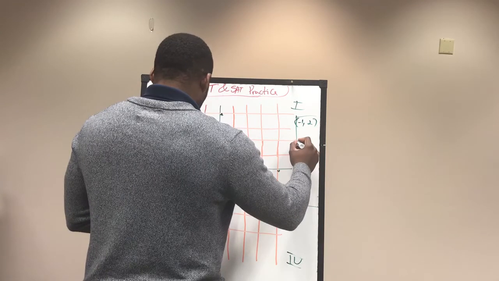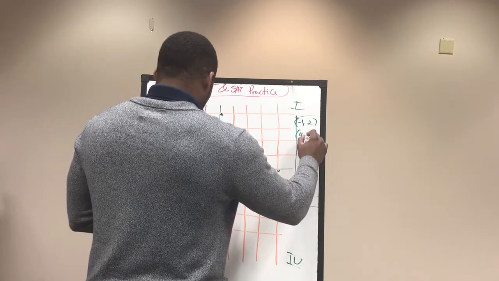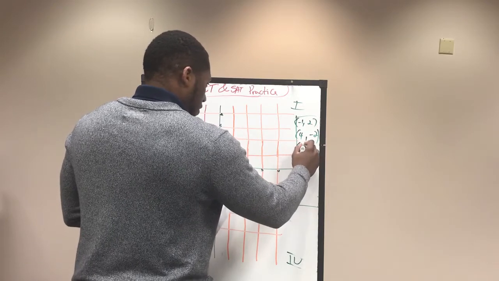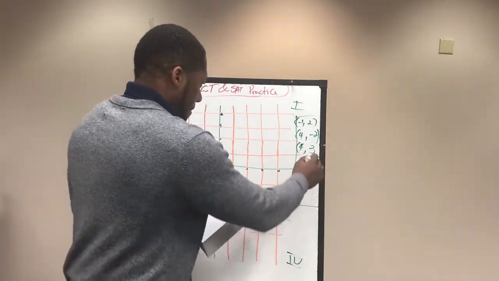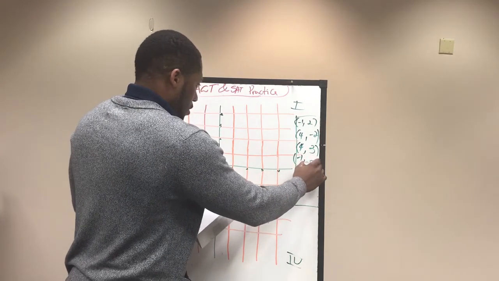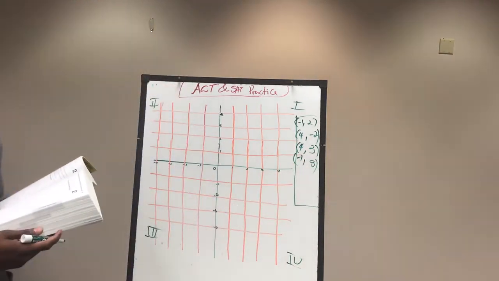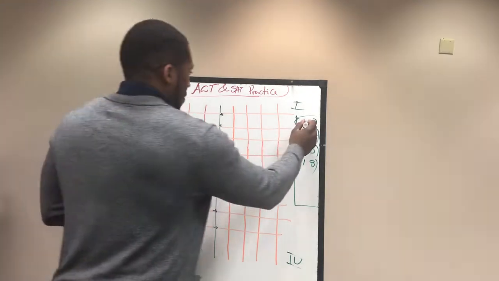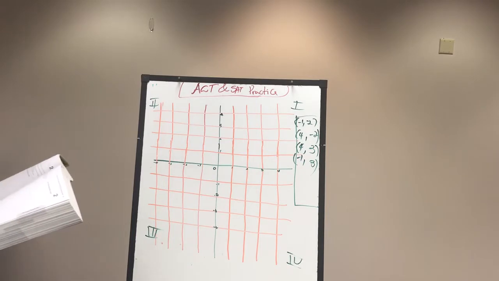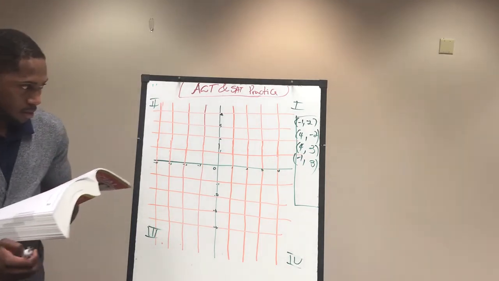The second one is 4, -2. The third one is 4, 3. The fourth point is -1, 3. So we have four points: -1, -2; 4, -2; 4, 3; and -1, 3.